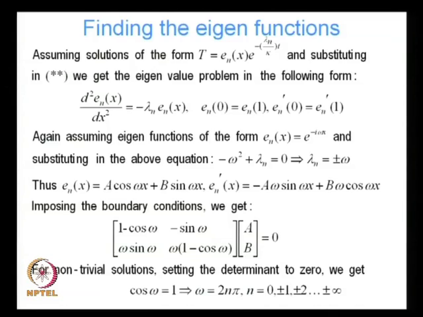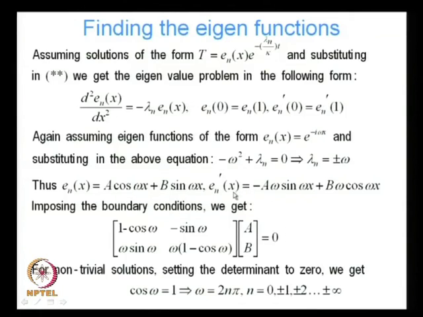So, if E_n is of this form, then E_n prime had better be this. I have just taken the derivative with respect to x, and then I impose my boundary conditions. What are my boundary conditions? E_n(0) is equal to E_n(1). So, evaluate E_n at 0, equate that to E_n at 1. That gives me the top equation: 1 minus cos omega times a minus sin omega times b equal to 0.